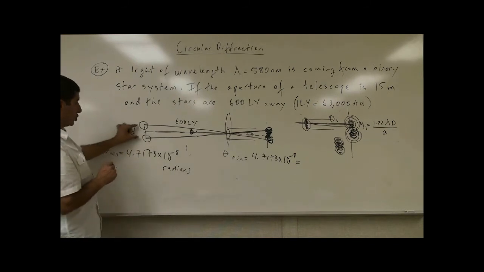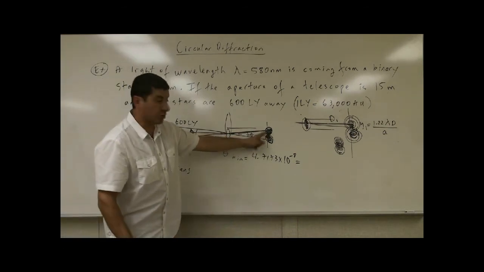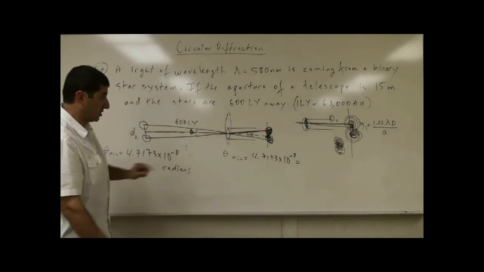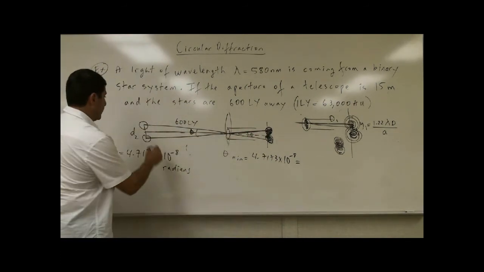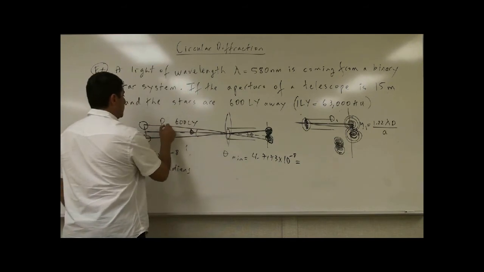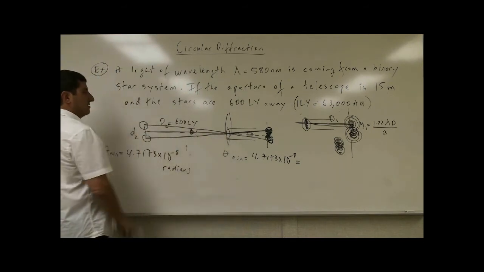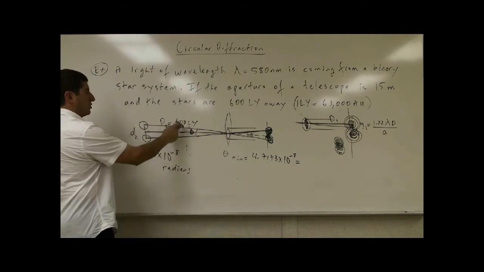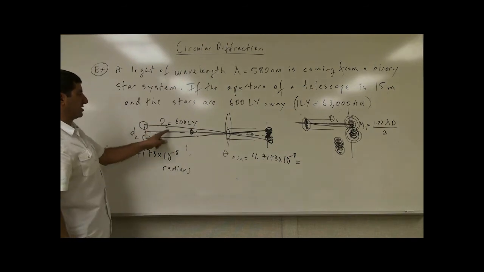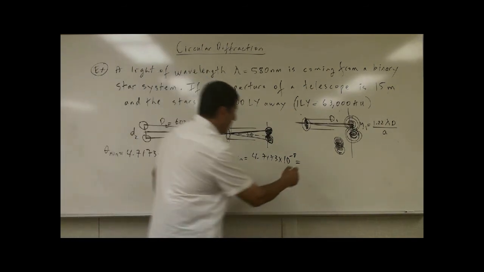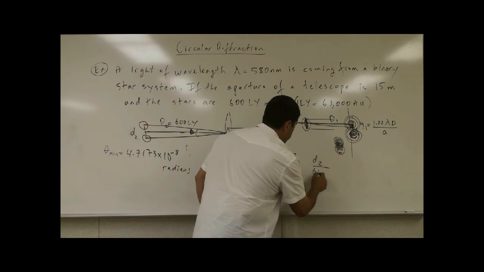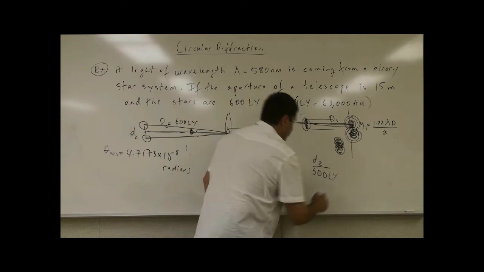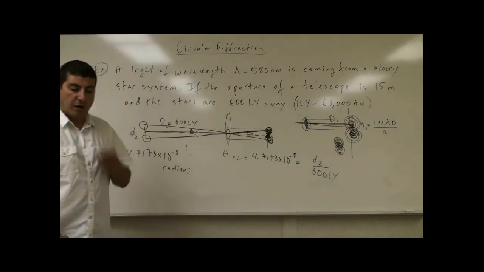We can call that D2, right? Whereas this one we call D1, the distance between the images here. And then this one is the distance from us of the two stars. So we can call that capital D2 over 600 light years, okay?